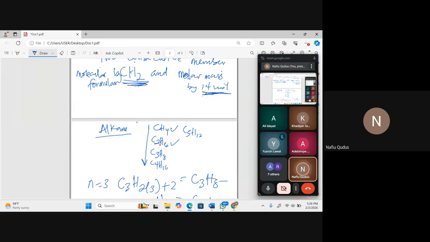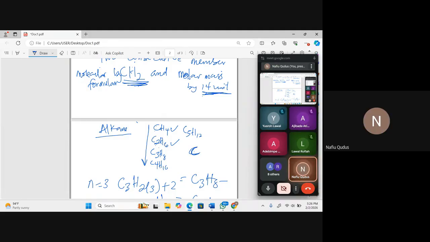Now, when you check this, this is number 2 and this is number 1. This is C2 and this is C. When you remove C from C2, what will remain? 1C.